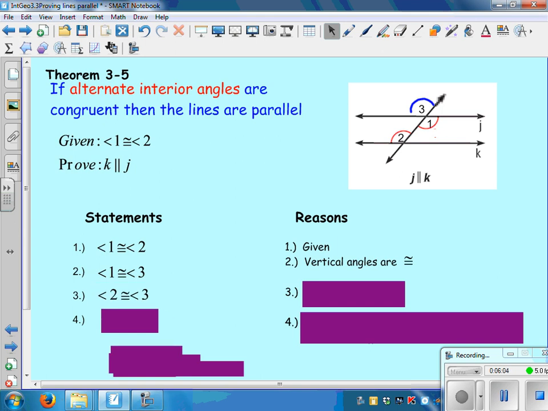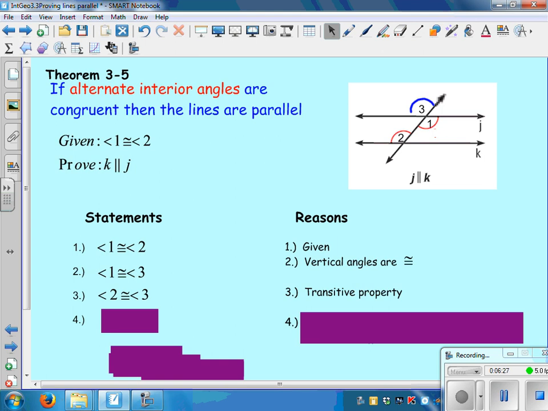And why are 2 and 3 congruent? Not because they're corresponding, but because of what kind of algebra did we do here. So we've used substitution or transitive. You can use either one. Either one is fine. Notice they're both congruent to 1, so they're congruent to each other.